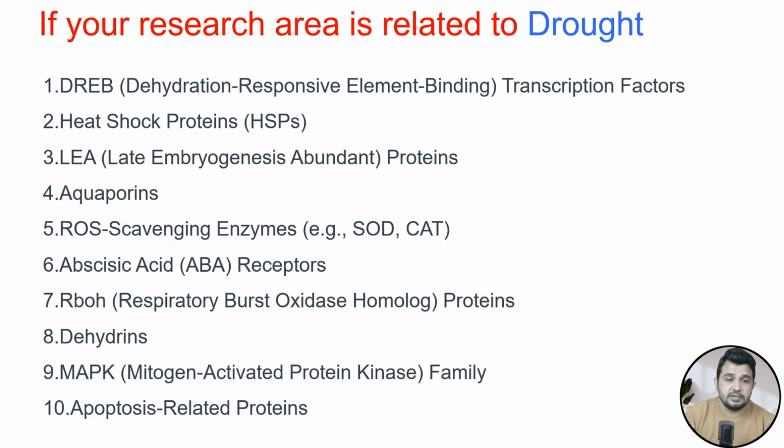Similarly, if you are working on drought stress or high temperature stress, although they are different, most of the proteins are common, like DREB, heat shock proteins, LEA proteins, aquaporin, ROS scavenging enzymes, abscisic acid, RBOH, dehydrins, MAPK, and apoptosis related proteins.